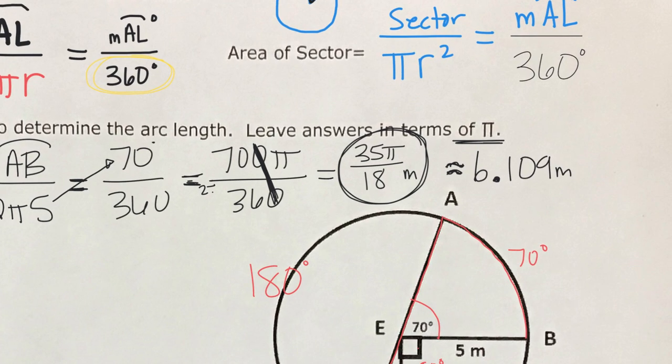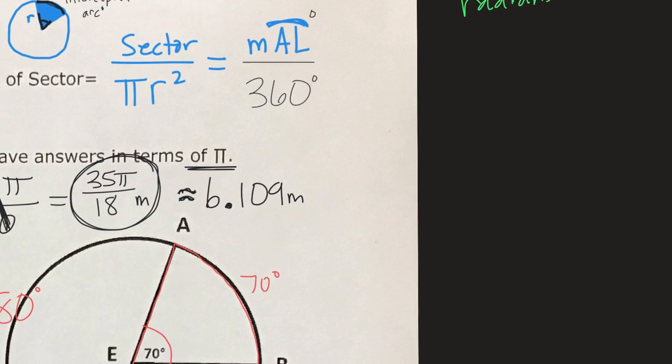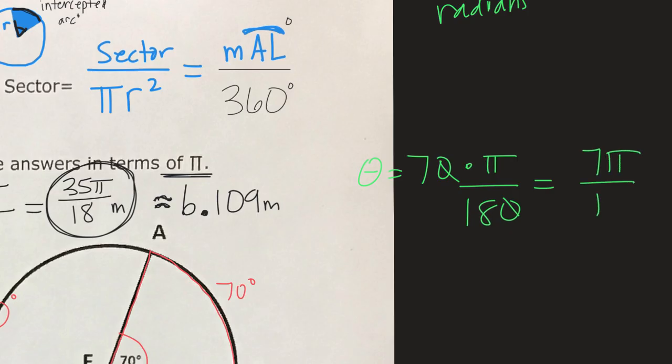Okay, so let's do this instead using our formula with radians. 70 degrees is how many radians? 70 times pi divided by 180, which is approximately 1.223.